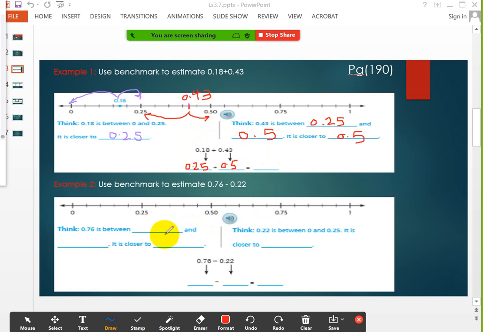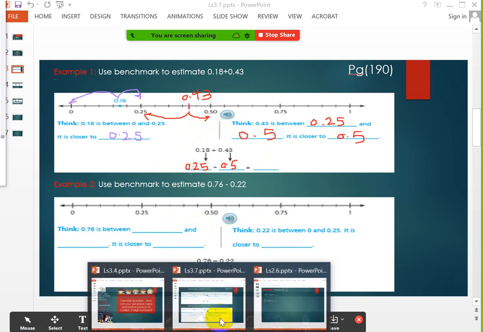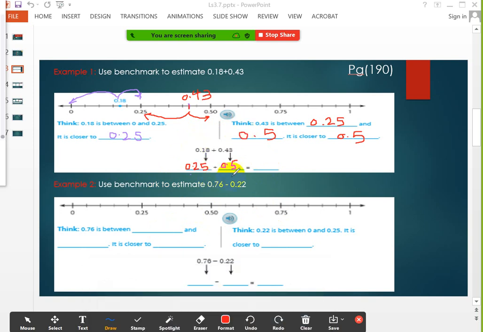What is the meaning of compatible numbers? Compatible numbers, I think you took it in grade 4. Compatible numbers means numbers that compute. That means you can calculate those numbers mentally.